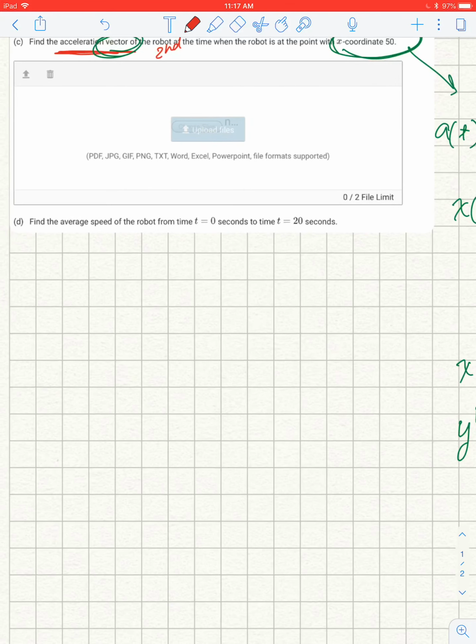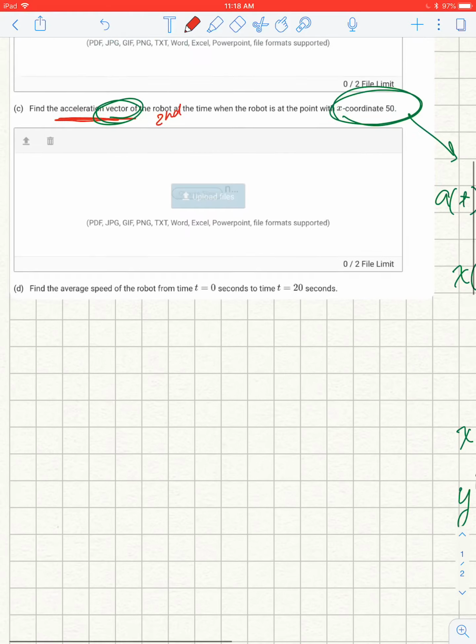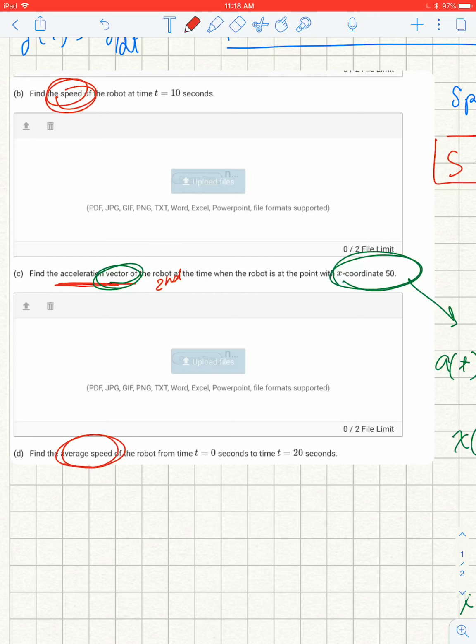All right. And the last one we have is what's the average speed of the robot between t equals 0 to t equals 20. All right, so average speed. Because speed, if you go back, we kind of did this over here. Whenever you're doing average of something, you're multiplying by 1 over the interval length.